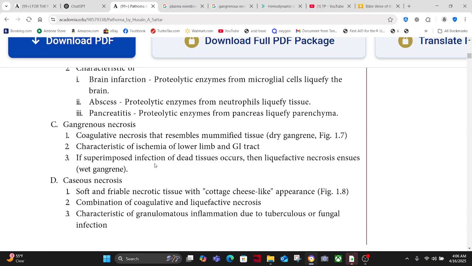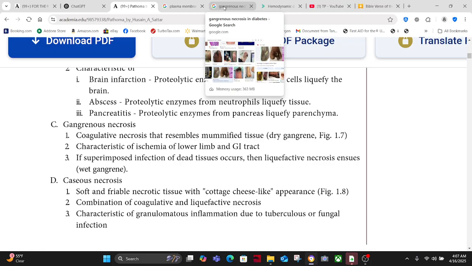If superimposed infection of dead tissue occurs, then you can get liquefactive necrosis also. That would be wet gangrene. So if you have an infection that turns into gangrene, you can also get liquefactive necrosis. Okay, let's see.